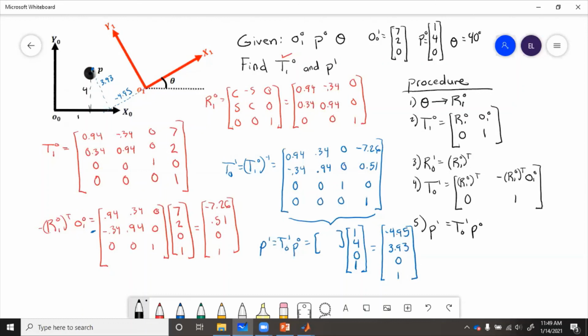And then the origin of frame 0 with respect to frame 1, we can see is 7 in the x and 2 in the y. So final point coordinates, P1 equals negative 4.95 in the x, 3.93 in the y, 0 in the z.